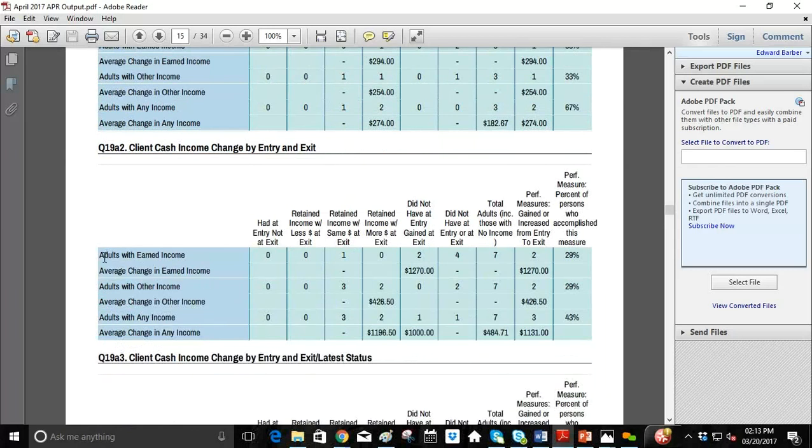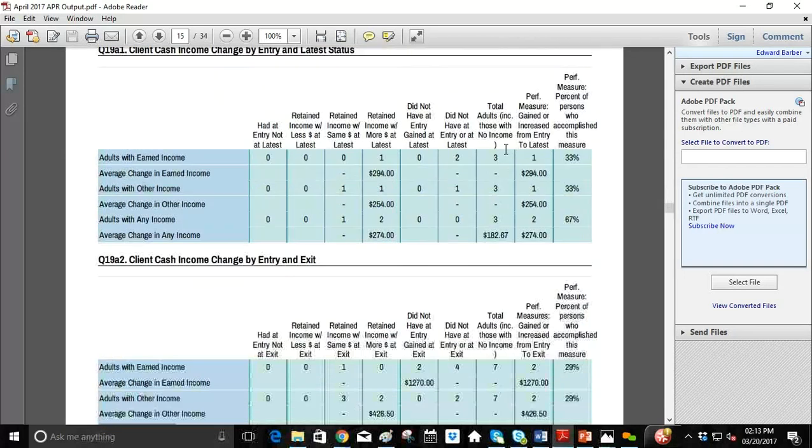So that performance was looking at earned income and any income. And it's looking at the number of people, the total adults, and then the number who accomplished the measure.